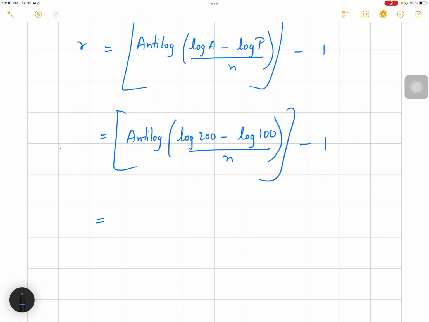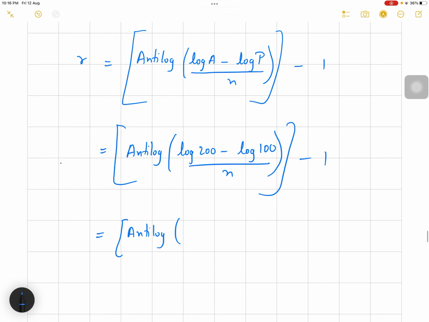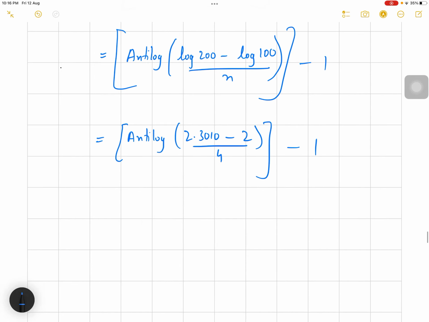So antilog of (log 200 is 2.3010, minus 2) divide by n, which is 4, minus 1.